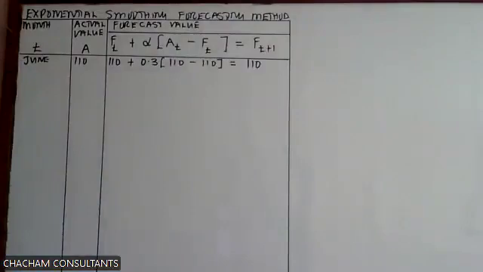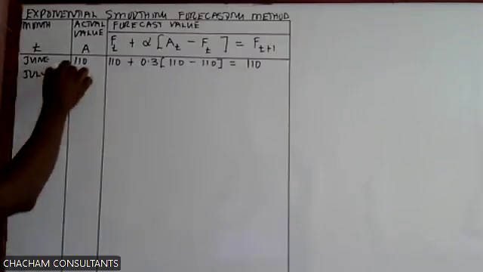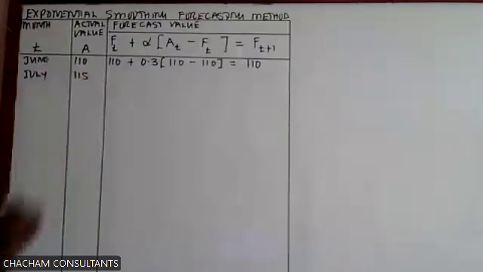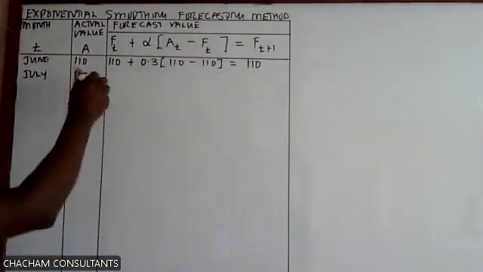Then we go to the next month, that is July. We have 115. With 115, the forecast comes in here.